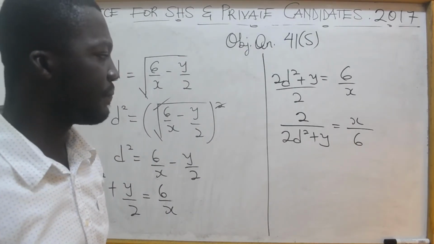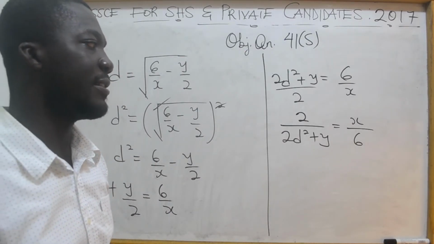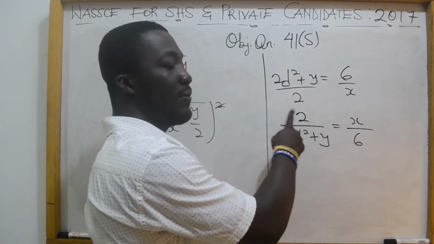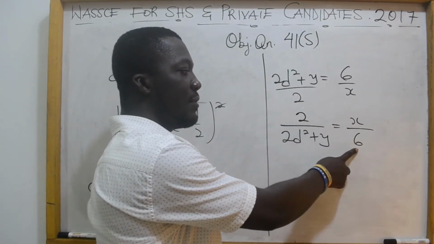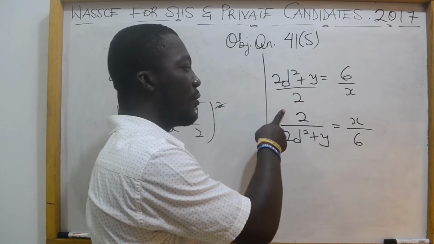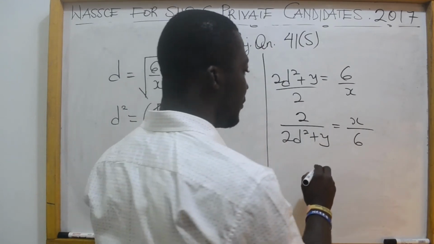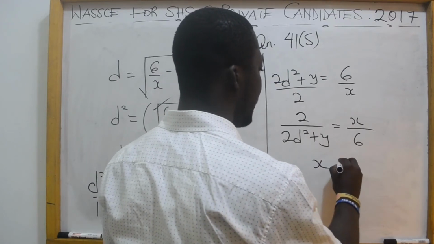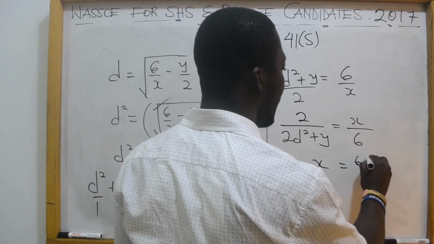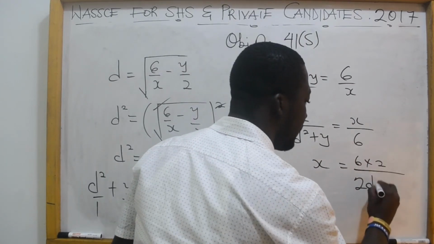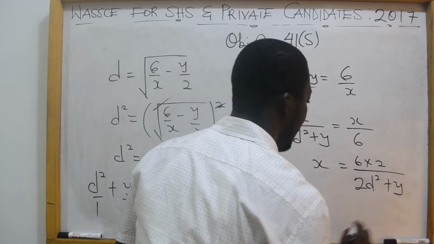Now, to make x the subject, we cross multiply this 6 to the left hand side. It is denominator here, so when it crosses to the left, it becomes a numerator. And we are going to get x is equal to 6 times 2 divided by 2d squared plus y.